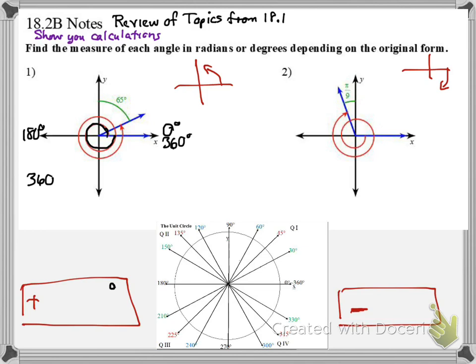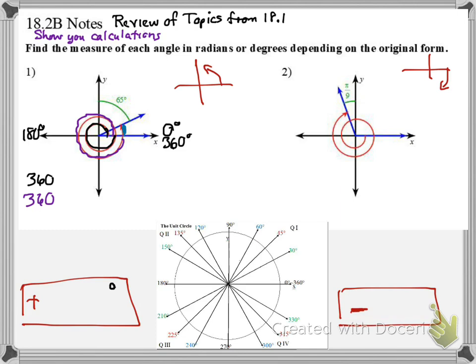And then, looks like I see another full circle around here. There's another 360 degrees. And the rest is not a full circle. What else do I have? Just a little bit more.